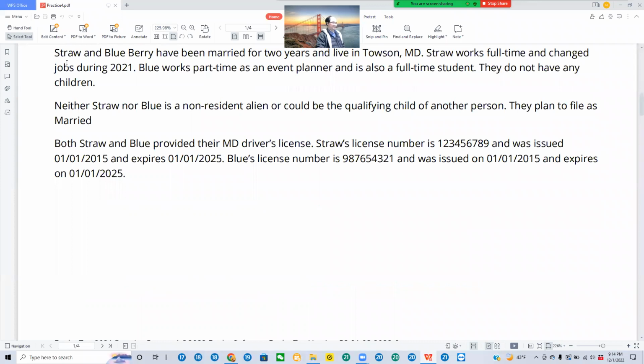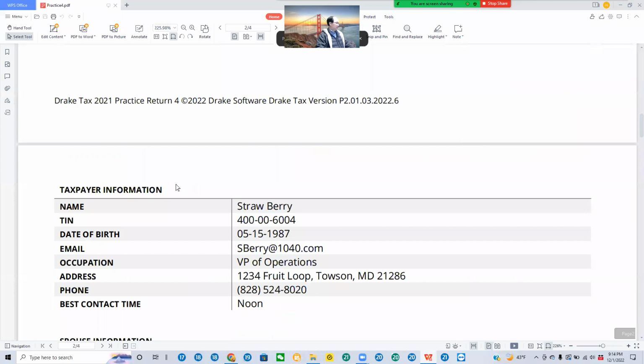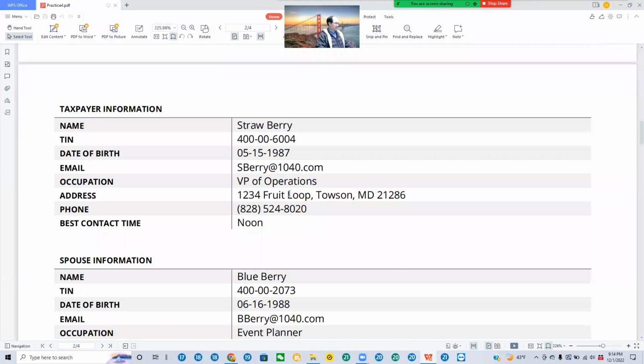Okay, it's in here. So now in this example, it's a husband and wife. The husband and wife are married and they have jobs, but also one person is going to school. So in here, this is the taxpayer information, this is the spouse information.